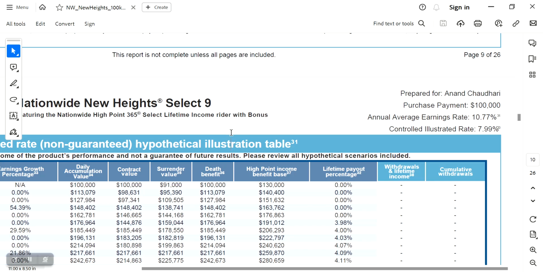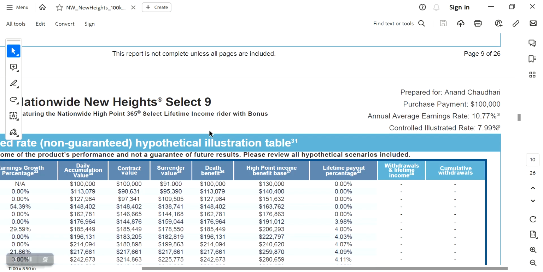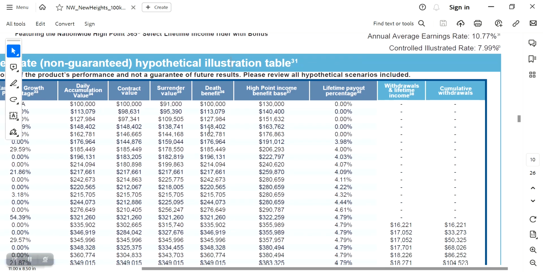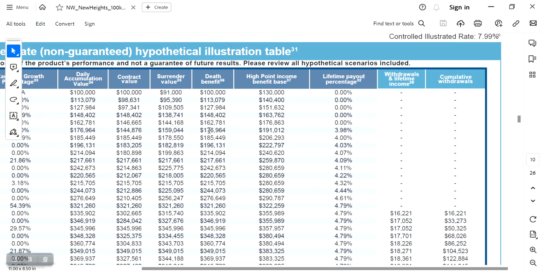It takes the most recent 12-year scenario and applies a limit of 8% average annual earnings rate to each strategy. As a result, the annual average earning rate for this controlled illustrated rate scenario is 7.99%. All this information is explained in the small letters underneath the tables.